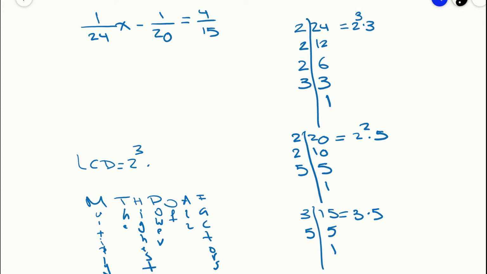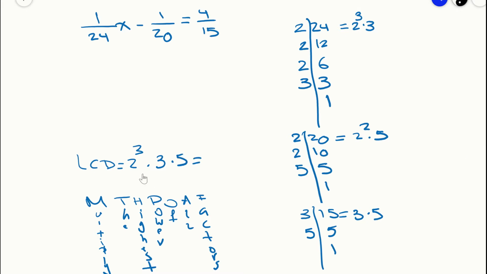So for 3, the highest power of 3 that we see in any of these factorizations is just 3 to the 1 or 3 itself. For 5, there's no 5 there, but there's a 5 to the 1 here and here. So the highest power that we see is 5 itself, 5 to the 1.